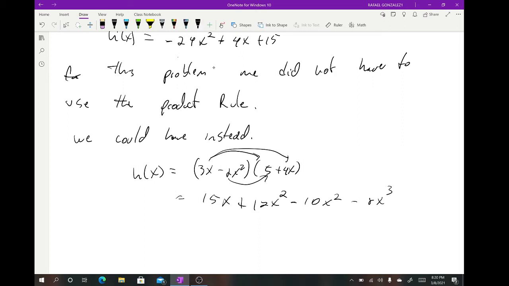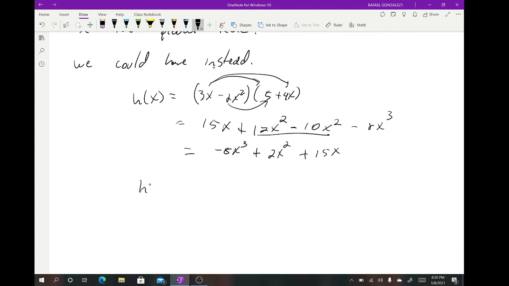Now we could combine this like term, so I have minus 8x cubed in the front, plus 2x squared because of this, and then plus 15x. And now if you take the derivative of h, where h is this, then we could clearly see that we're going to have negative 8 times 3 because of the constant multiple rule.